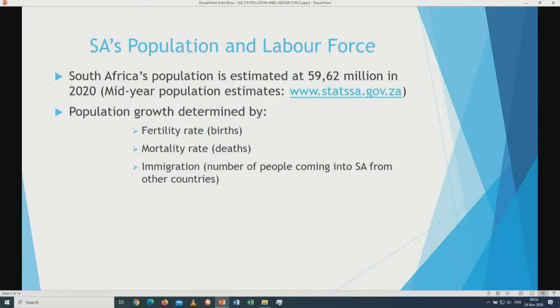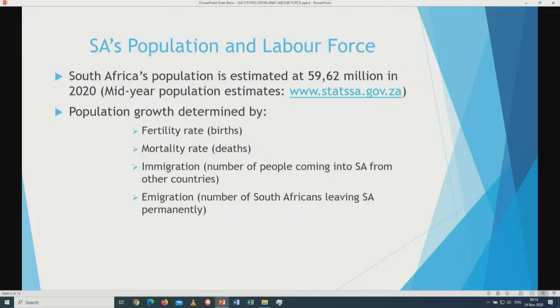The next factor that influences population growth is immigration. You must be careful of that. Immigration, I-double-M-I, immigration. This is about the number of people coming into the country from other countries. When people come from other countries to settle in South Africa, we say they have immigrated. So immigration is all about the number of people coming to the country from other countries.